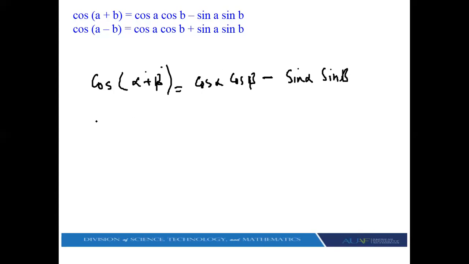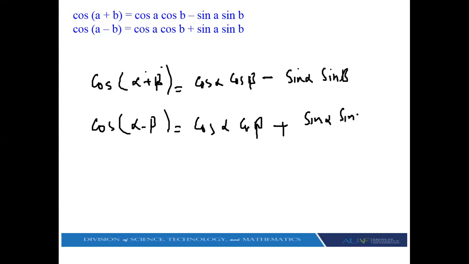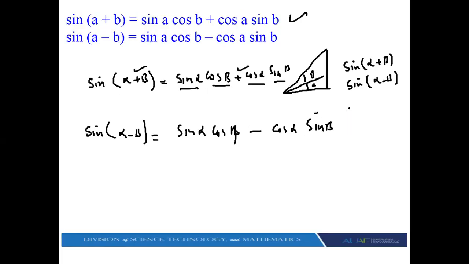Correct? If we have the difference formula, alpha minus beta, we have cosine alpha cosine beta plus sine alpha into sine beta. Correct? So we can prove more formulas from these.